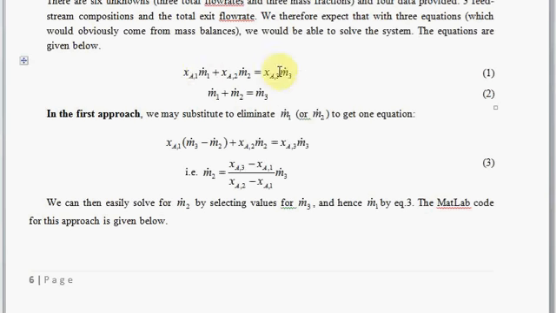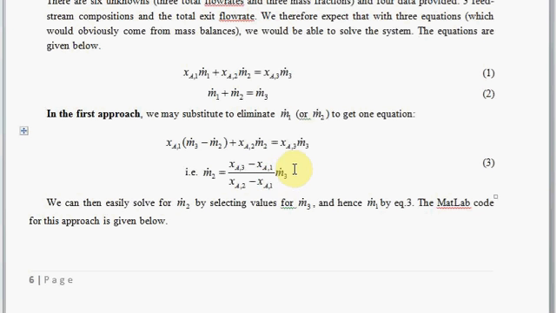You see in this equation we've got the relationships between the mass flow rates here. So we can say m dot 1 is equal to m dot 3 minus m dot 2. So we can substitute for m dot 1 in this way, and so m dot 2 has this relationship with m dot 3, and that's quite easy, right?